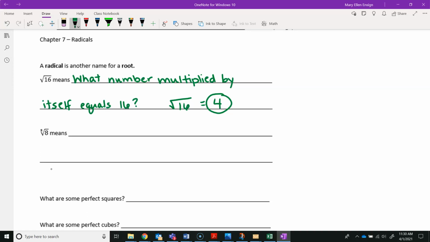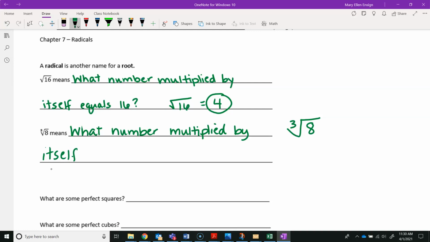This next one is a cube root. There's a 3 in the little crook of that root sign. So this type of question means what number multiplied by itself 3 times, because of that cube root, right, equals 8.